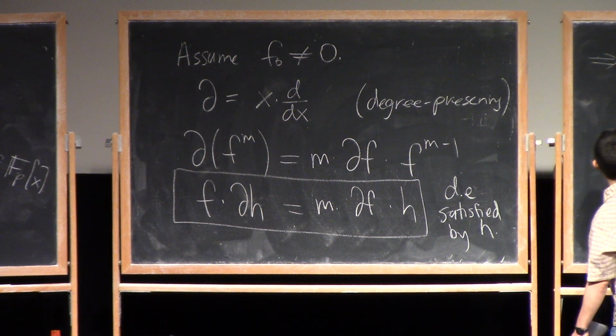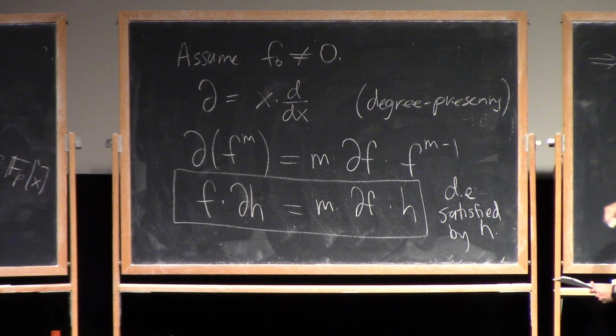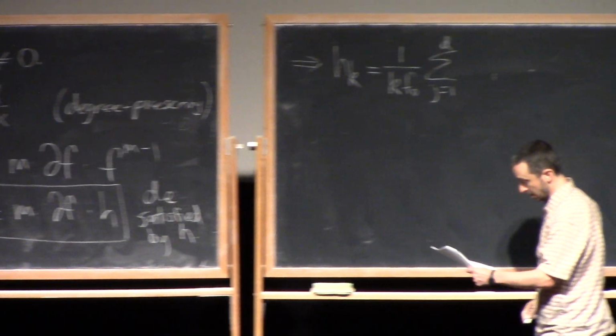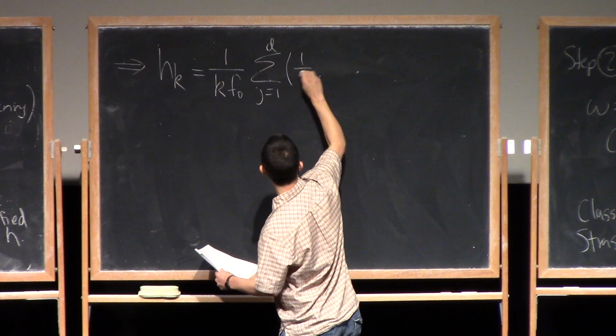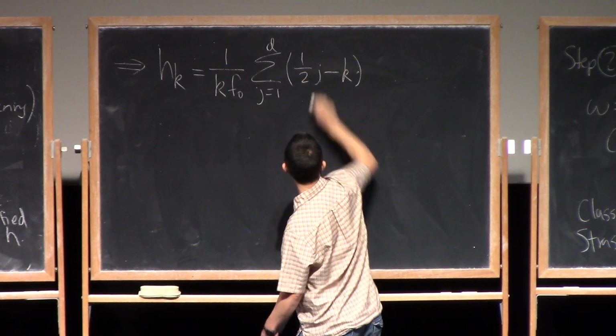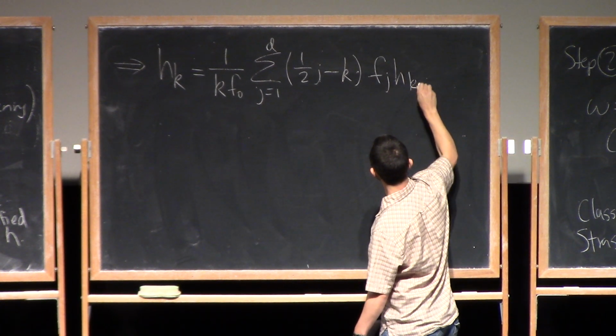You get a formula for h sub k, the kth coefficient of h, in terms of the previous d coefficients. So here's the formula. So there's a sum of some terms, half j minus k, fj, h, k minus j.